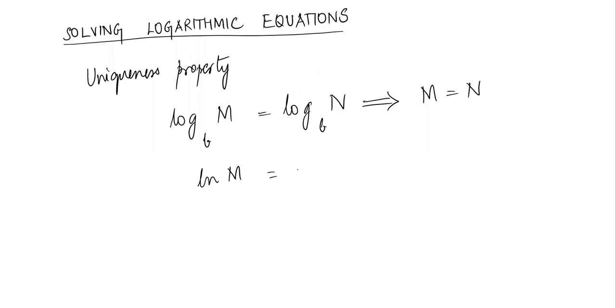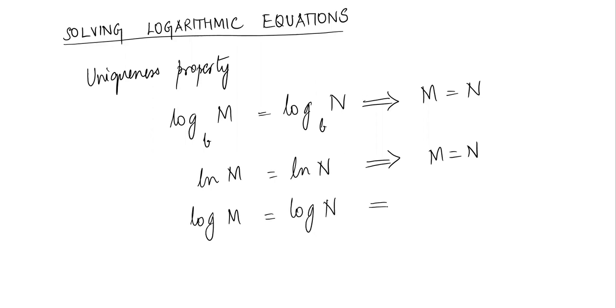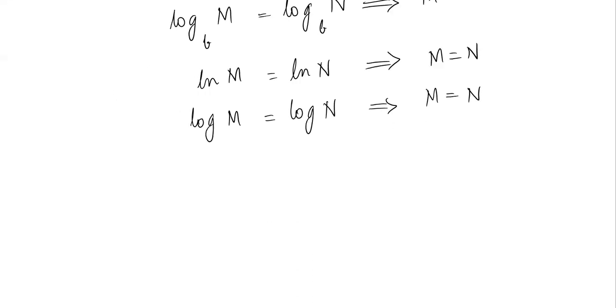Since I mentioned that, let me also provide it for the other variations. If you have log m equals log n, it implies m equals n. So remember this, and the conversion, and the third version, which is to apply log on both sides to answer this. So here we go.